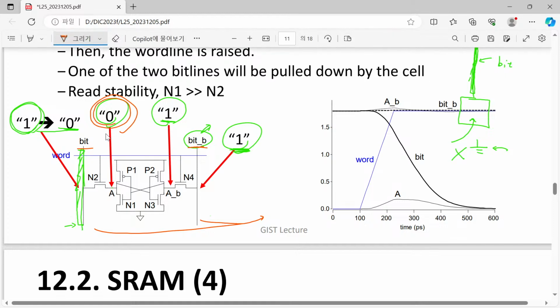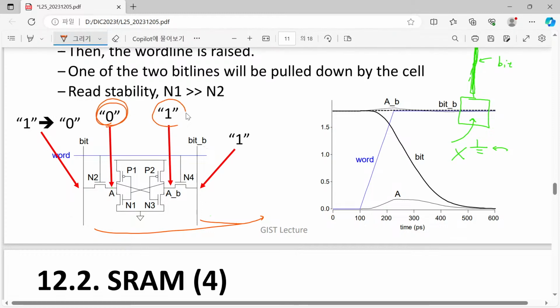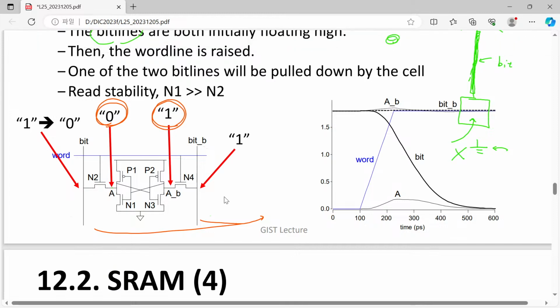Simply speaking, we sense the difference of the two bit lines, and that difference originated from the difference of the stored data in this node and that node.